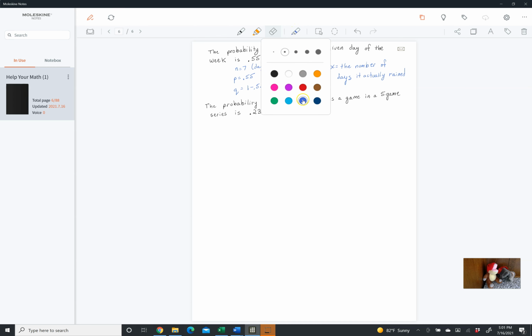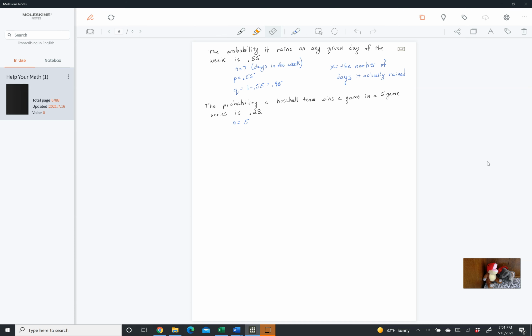So here we can identify each of our variables again. So n: we want to know how many events there are, and the event is the game. Before, when we talked about the probability of something happening each day, the event was a day. In this case, the event is a game, and there are 5 of them. So n is equal to 5. Then P is the probability of a success.